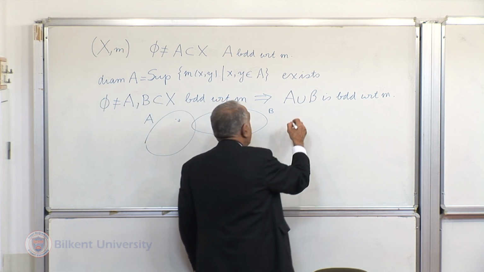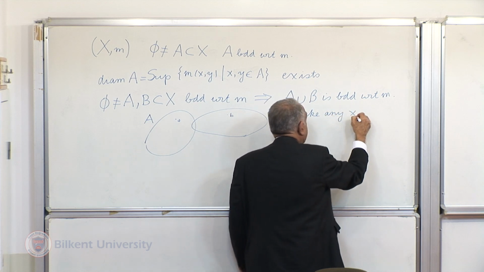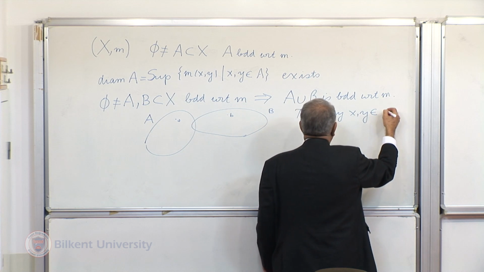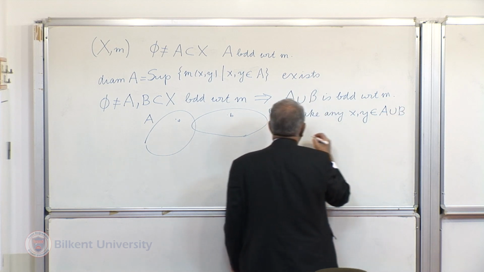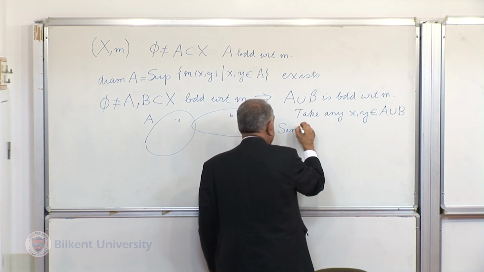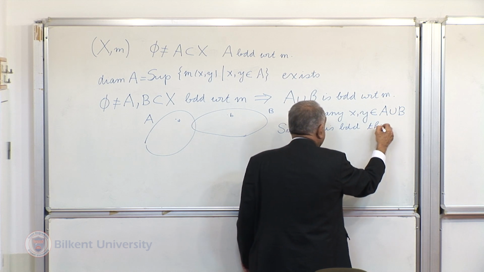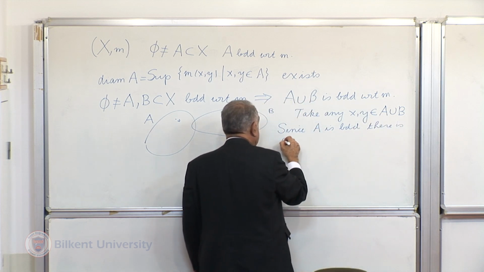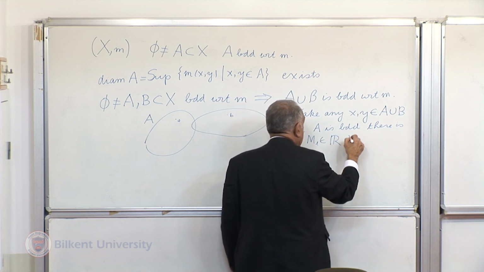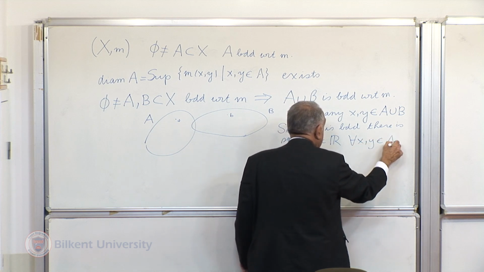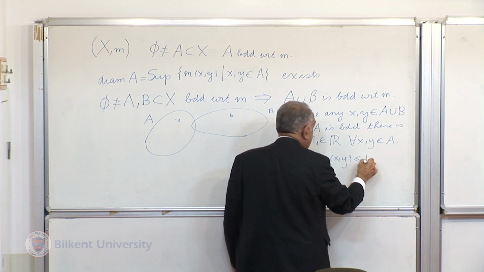So take any x,y in A union B. Now, since A is bounded, there is, by definition of boundedness, some say M1 in R, such that for all x,y in A, we have M(x,y) less than or equal to M1.